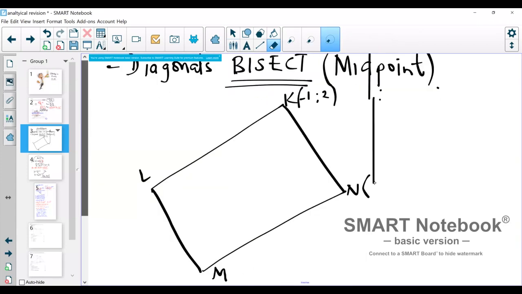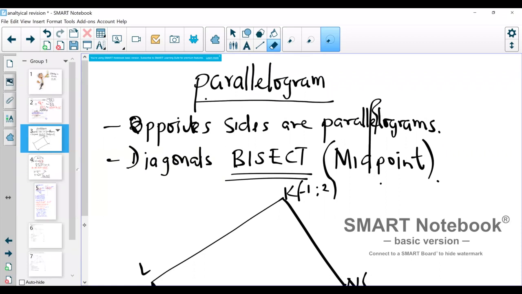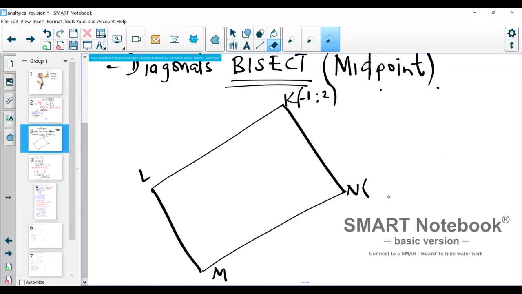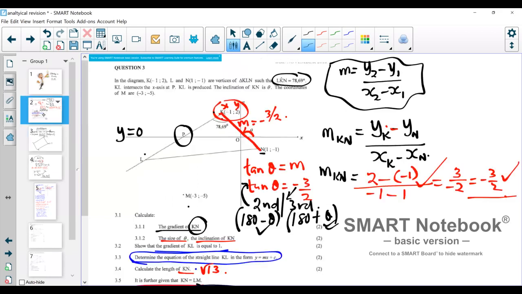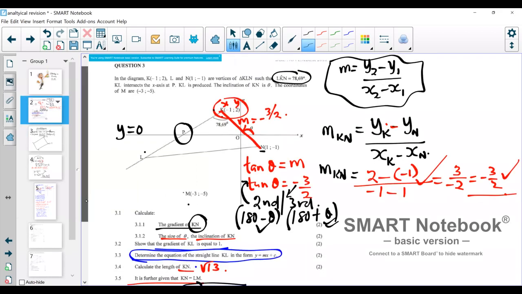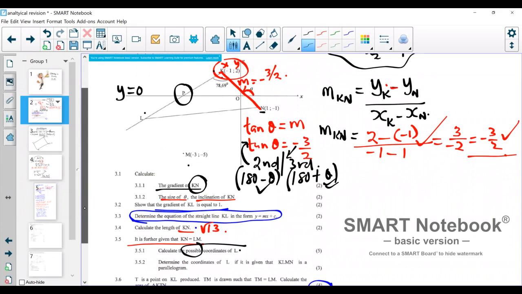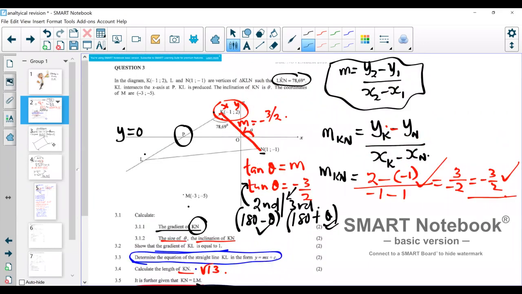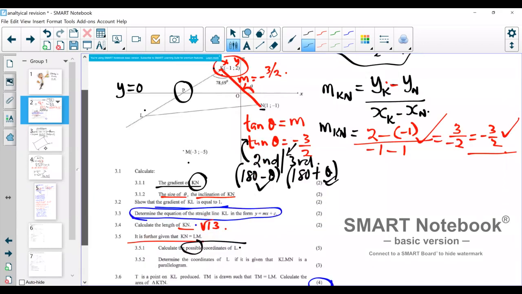It's now a big mess. 1 and -1. All right, and my M is, what is my M? -3 and -5.